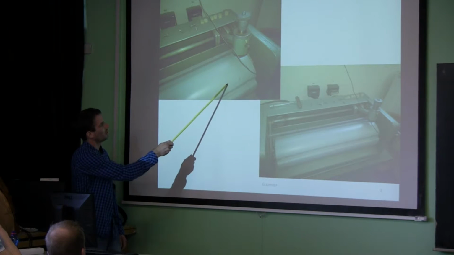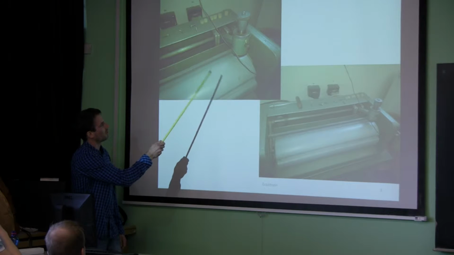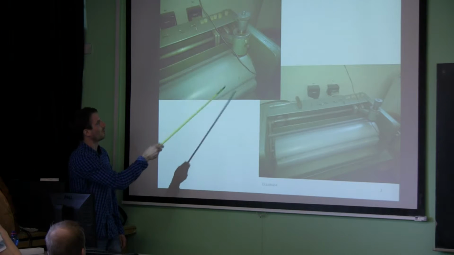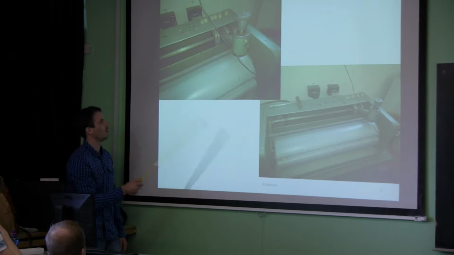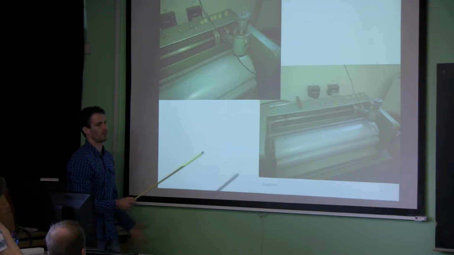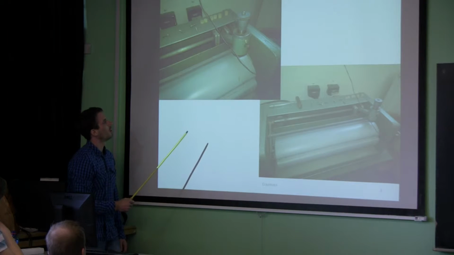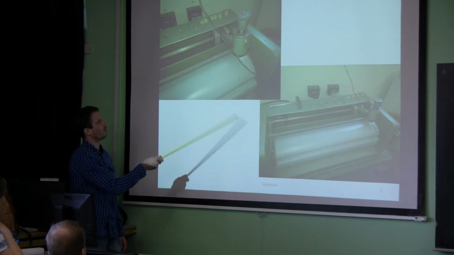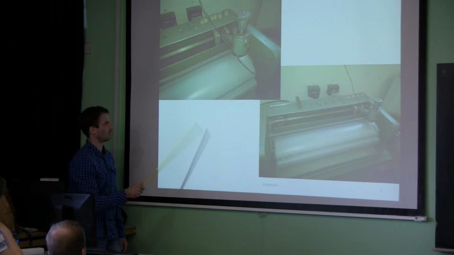This is the cylinder, which is important because a sandpaper of a certain grain will be wrapped around it. I think it's 100 grit, and it rotates during the test.